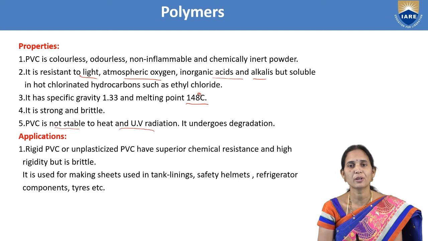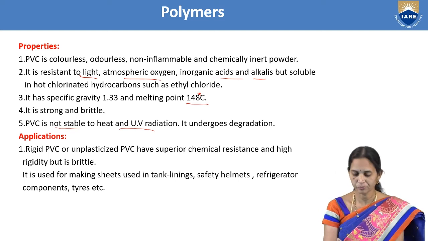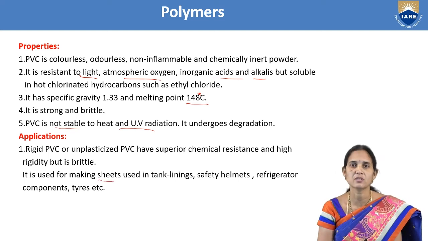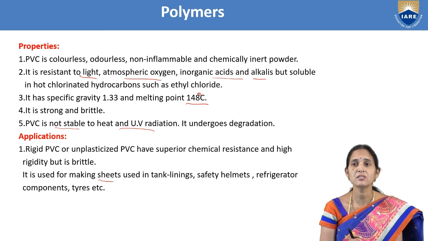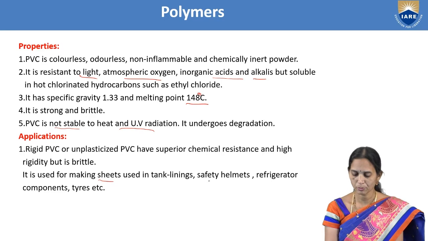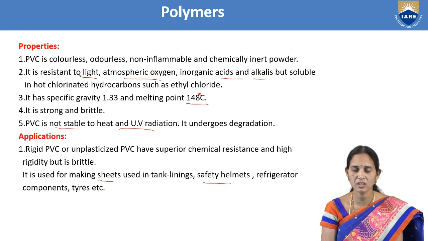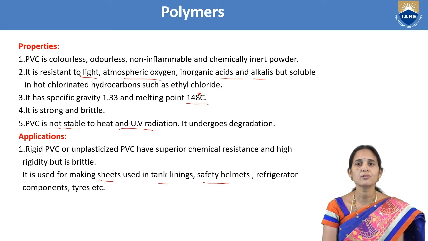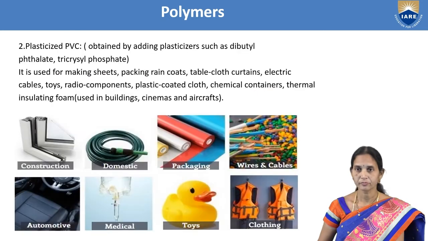So it is used for making sheets, polyvinyl chloride sheets, that are used in tank linings, safety helmets. So we make helmets with PVC. Rigid PVC is used in tank linings, safety helmets, refrigeration equipment and also tires.